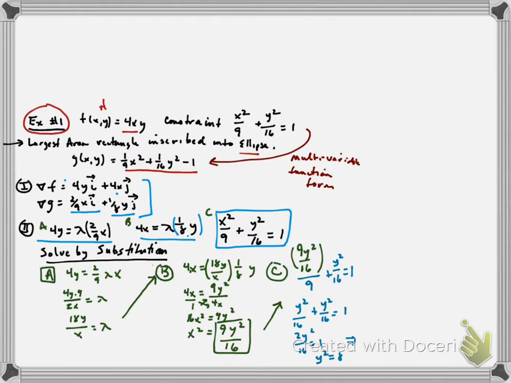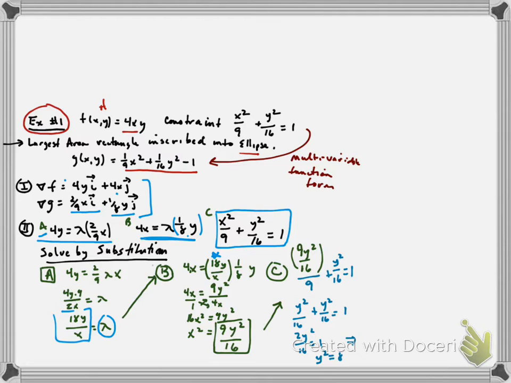So here's the kind of solving that I was referring to. We do a series of substitutions. I solved for lambda in equation A. Equation A is this first equation right here. I solved it for lambda, and I substitute this result in place of the lambda in the other equation. I'm talking about equation B right here.